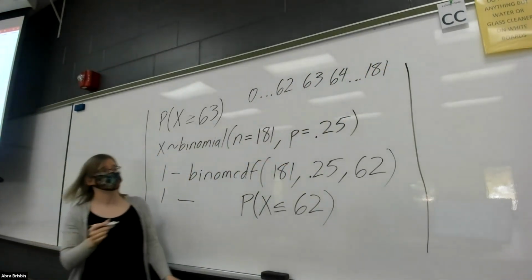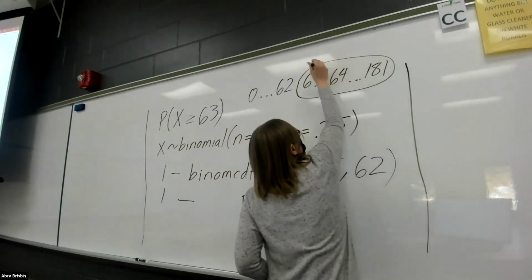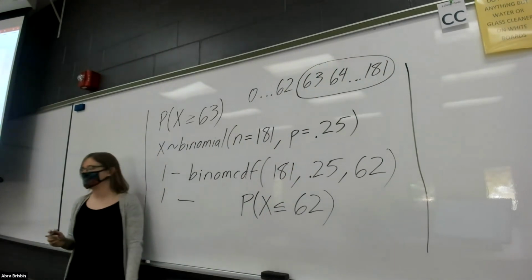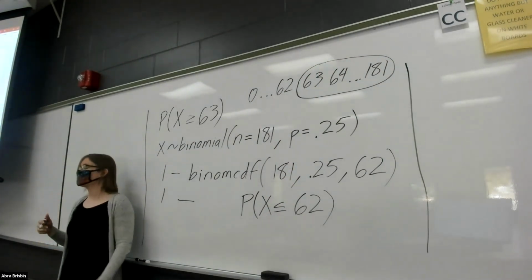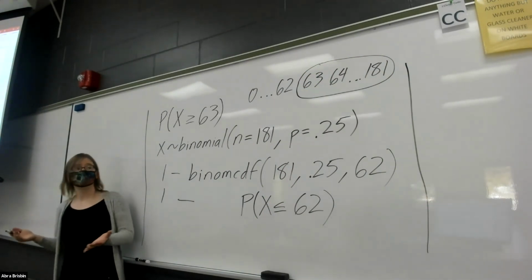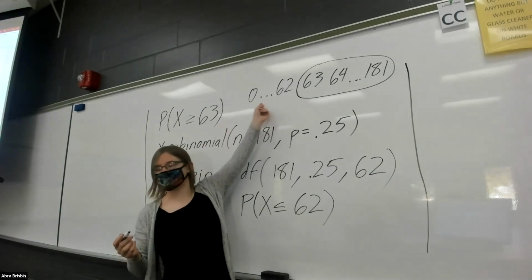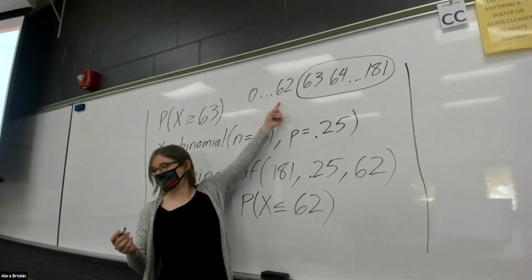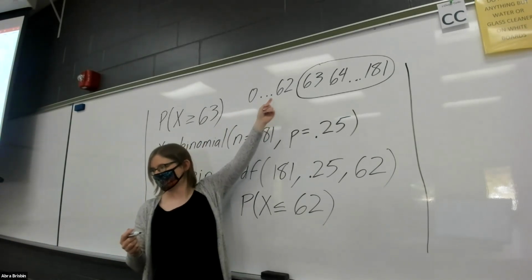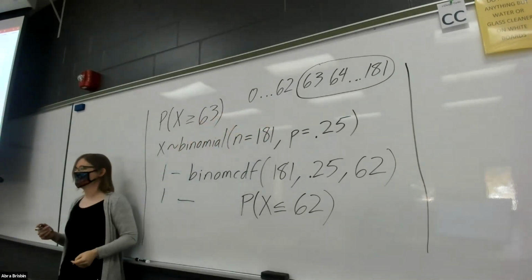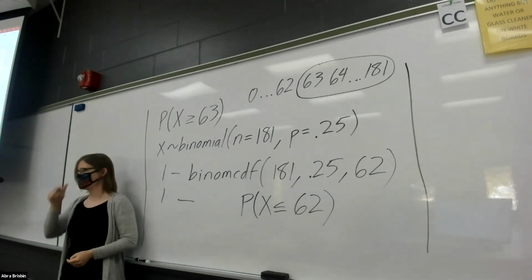So we're looking for the probability that the number born in January to March was in that region, 63 up to 181. If we're using the complement rule, then we're going to have 1 minus the probability of everything we didn't circle here, so 1 minus the probability of being less than or equal to 62. Questions about this?